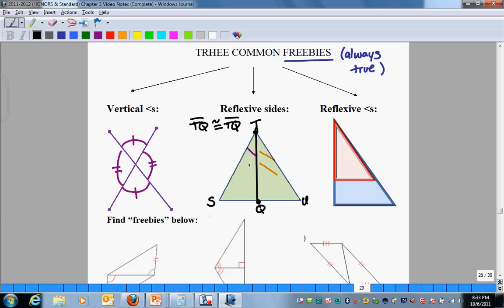Another reflexive property would be a reflexive angle. Take your pen, please, and trace over this larger blue angle. Now, also trace over the smaller red triangle.